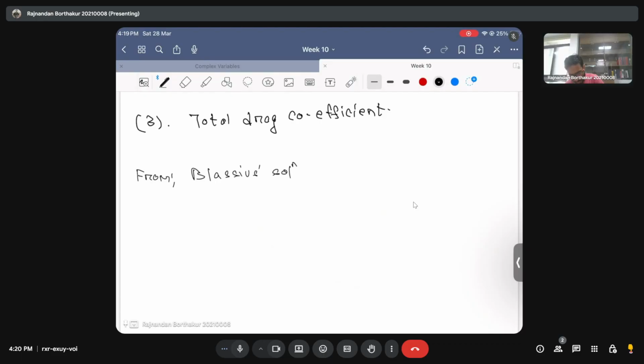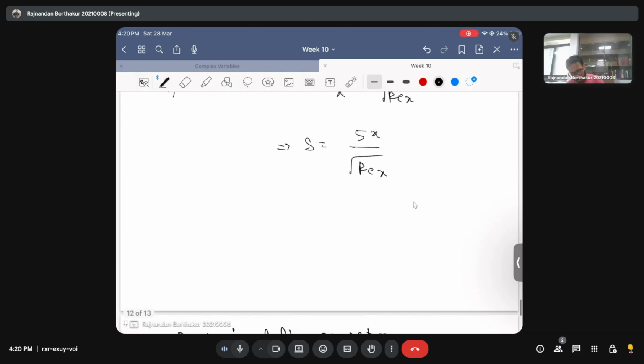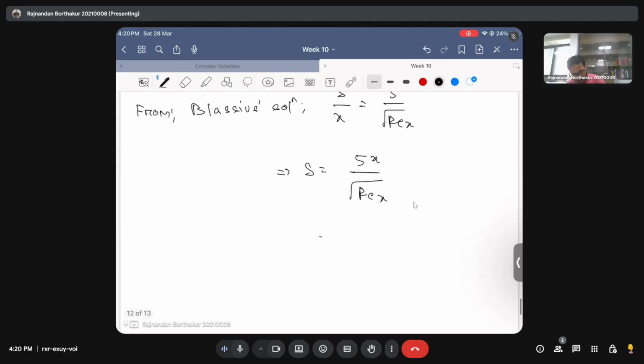solution, we know that delta by x is equal to 5 by square root of Re_x. So what we need to do is evaluate delta, which is equal to 5x by square root of Re_x, where Re_x is rho u infinity x by mu.